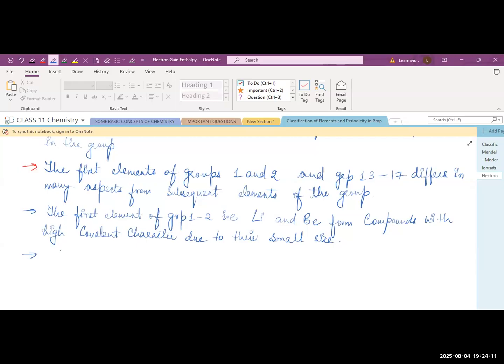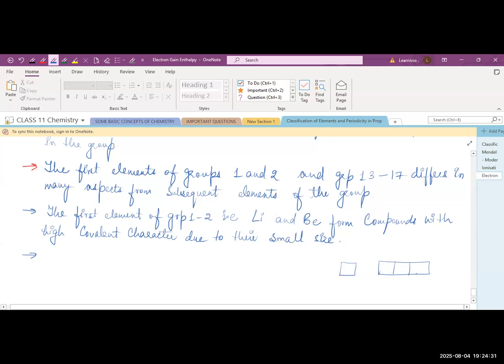So they can accommodate only 8 electrons in their valence shell. For the s, only 1 orbital, and for the p, there are 3 orbitals, right?